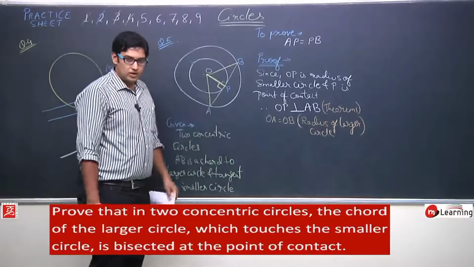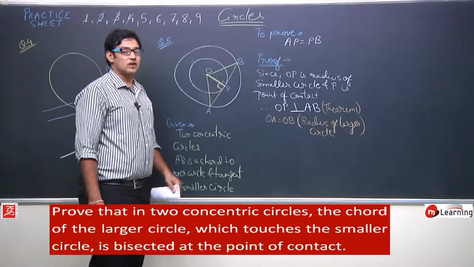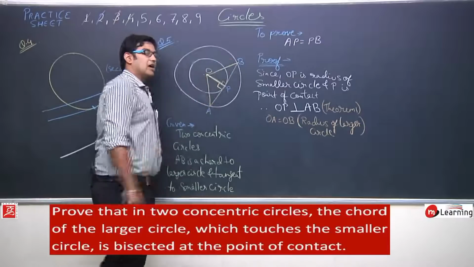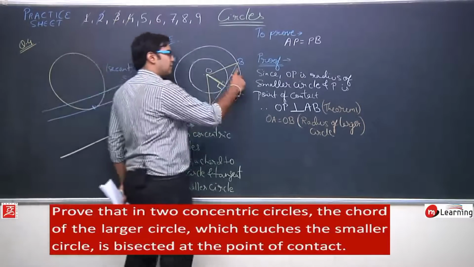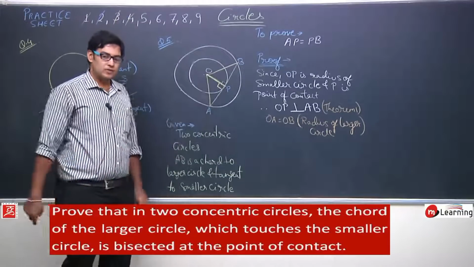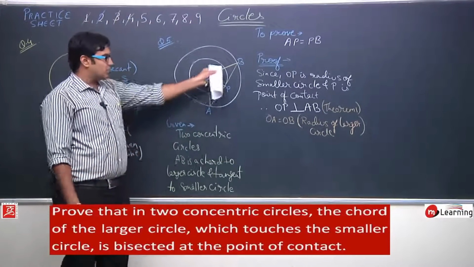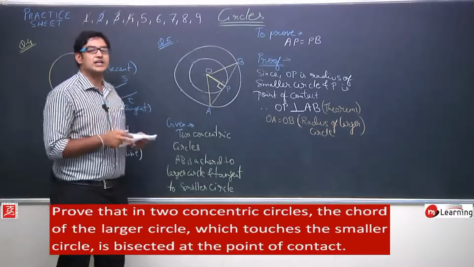Now these two lengths are equal. What we need to prove is that AP and PB are equal. So how to prove this? You can observe two triangles here.